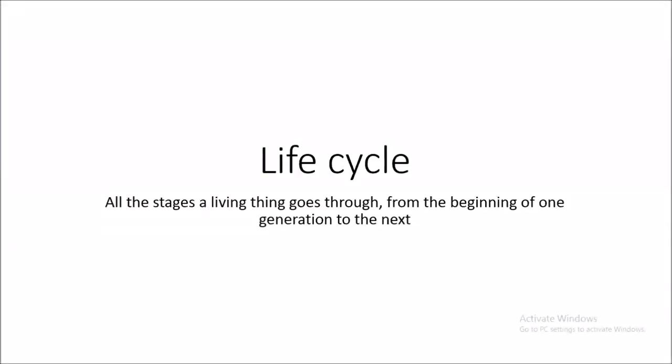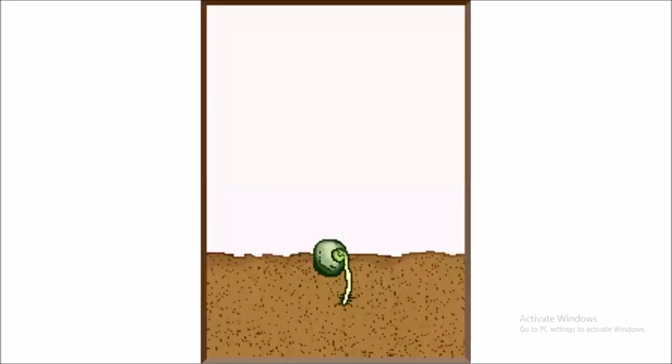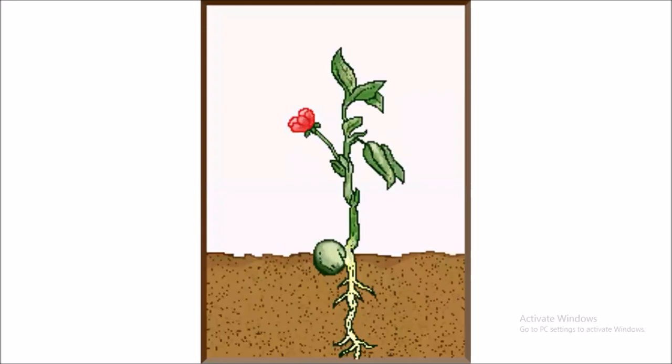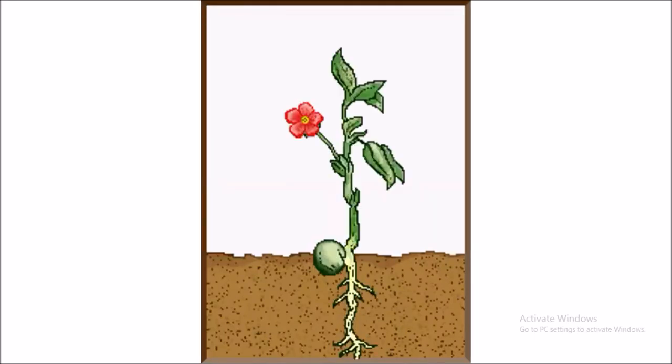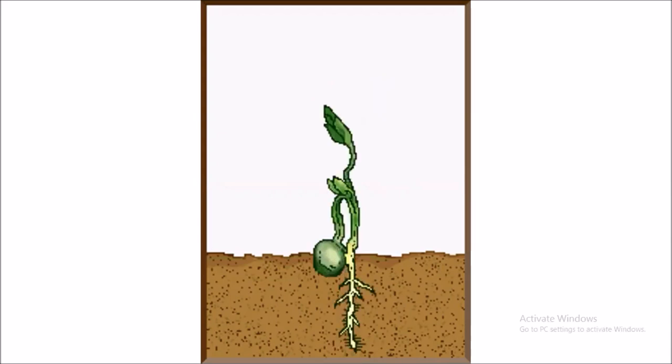So the first word or vocabulary we're learning about in this lesson after the word photosynthesis is life cycle. What is a life cycle? Well, life cycle means stages, or we can say phases, through which living organisms go. It's the beginning of the living organism till the end of its life. Both animals and plants do have life cycles.